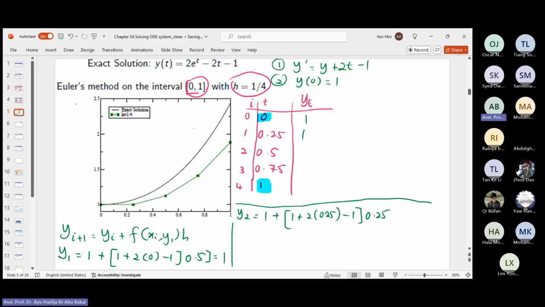What do you get for y2? 1.125. Right, 1.125. So try to proceed with the rest.